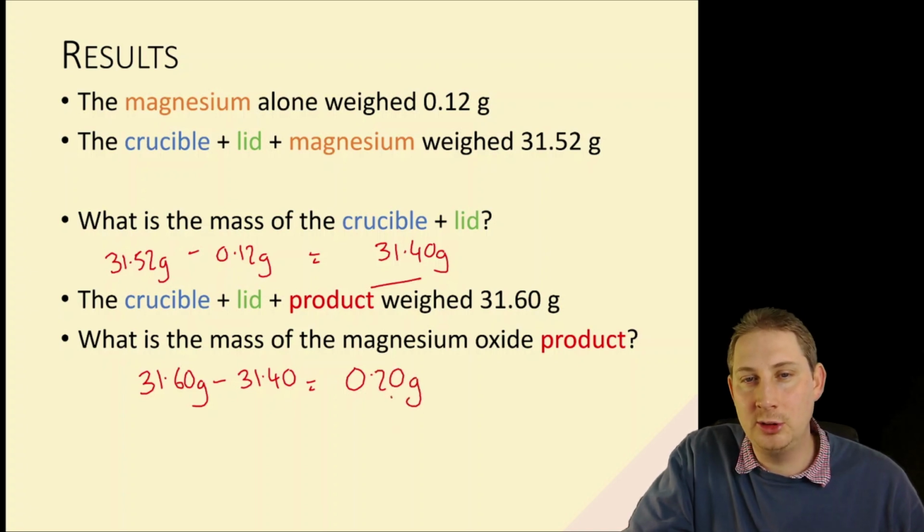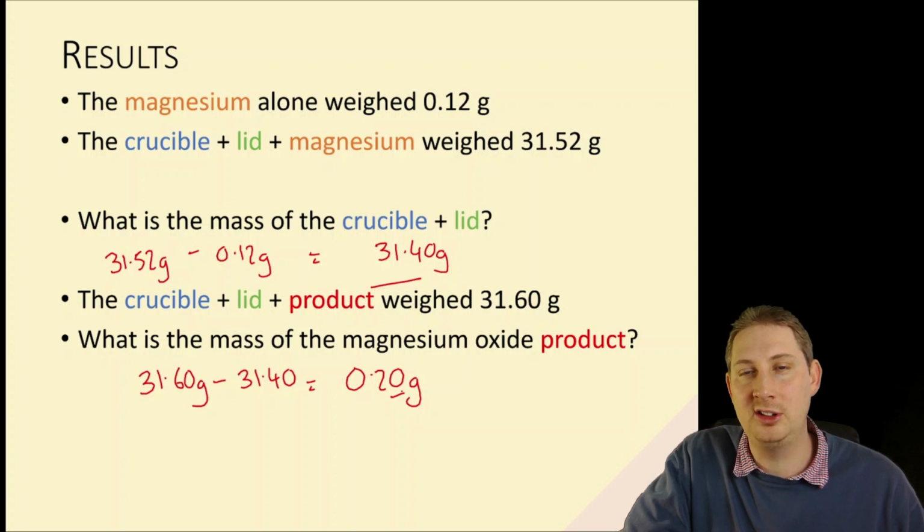And notice I'm writing 0.20, not 0.2 grams. It's important now, as GCSE students, that you start using the right degree of precision in your answers. We've weighed it to 2 decimal places. We should give our answers to 2 decimal places.